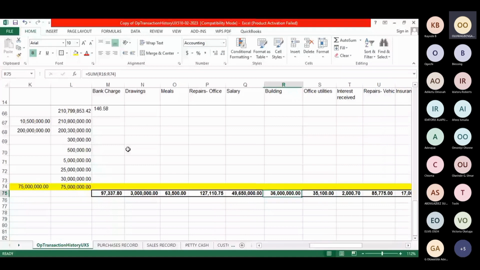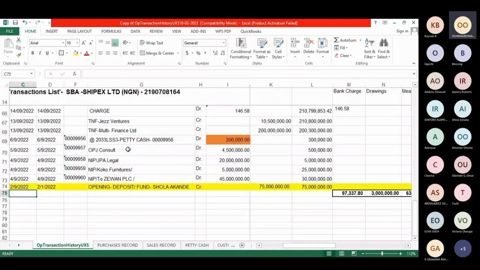And then the balance in our bank account as at the year end is this.